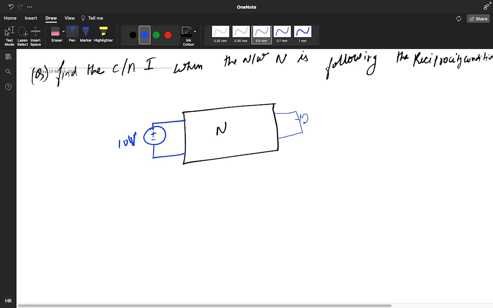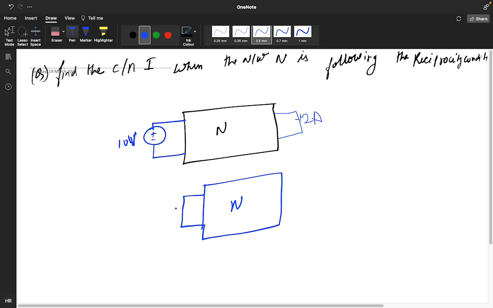Now they have asked what will be the current I if the voltage across this is 30 volt. So guys, what will be the current in this? Any guess?